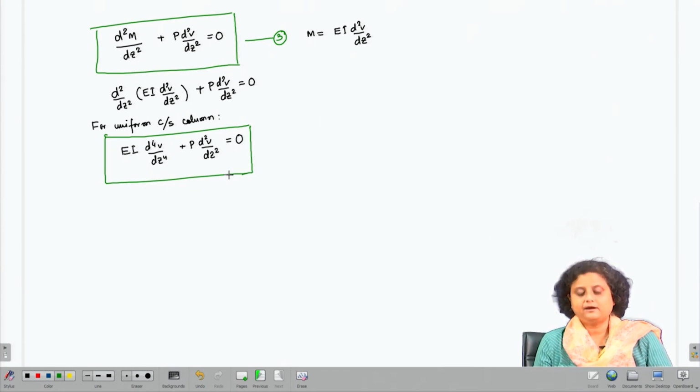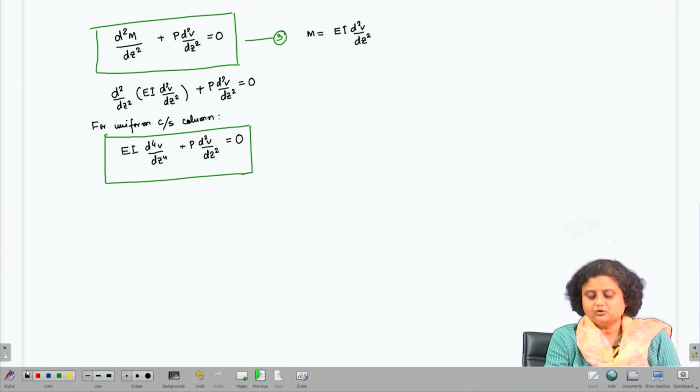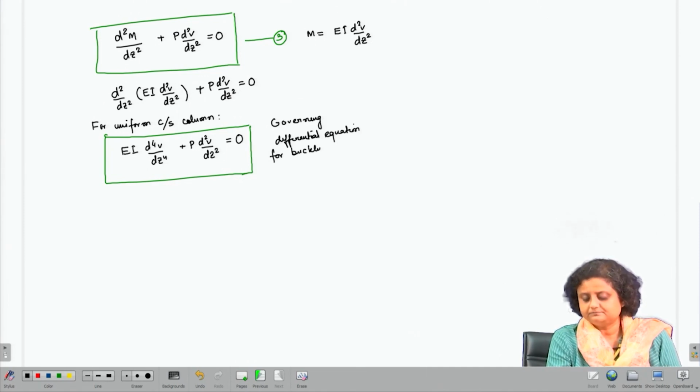So, we will get a fourth order equation. So, this is the governing differential equation for buckling of a uniform cross section column.